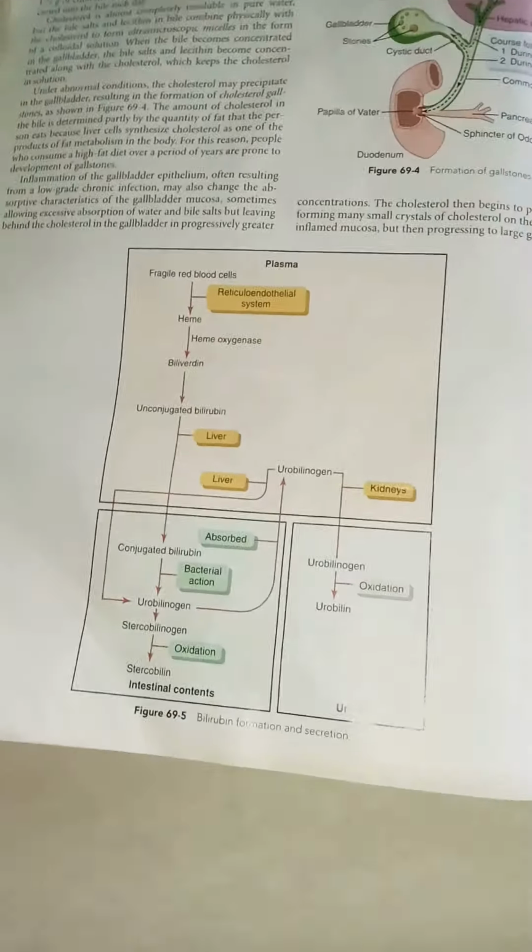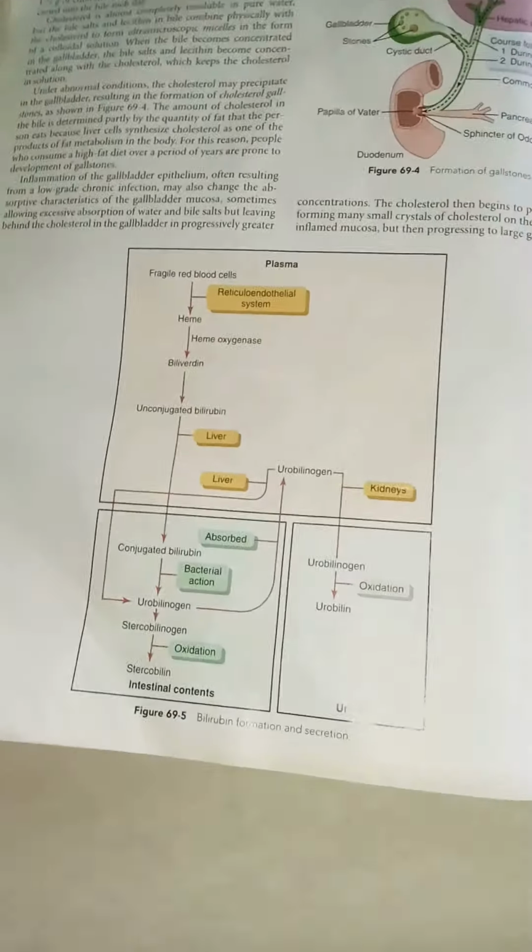And here we can see the bilirubin formation and secretion. This is in plasma, this is in intestinal contents, this is urine. In plasma, mainly the red blood cells which are going to die, reticuloendothelial system, heme oxygenase converts it into the first product biliverdin. This is first unconjugated bilirubin in the liver, and from the liver it enters the intestine.